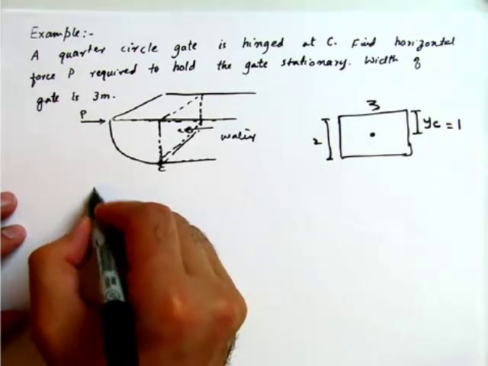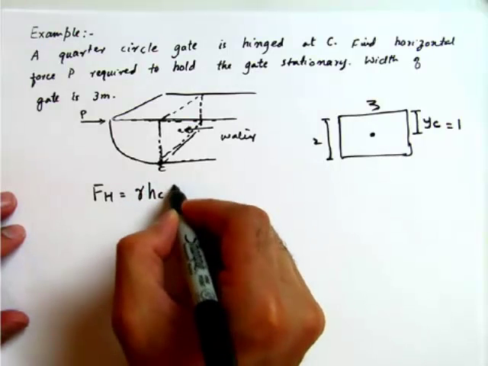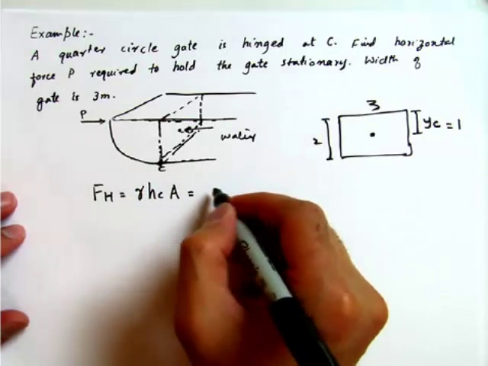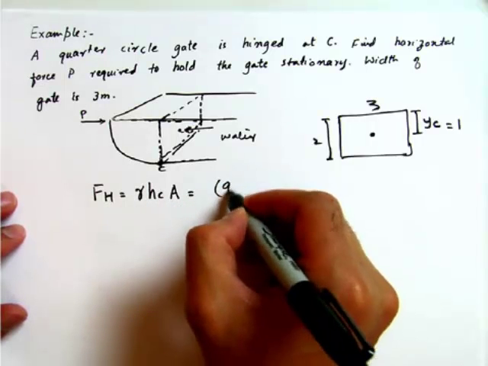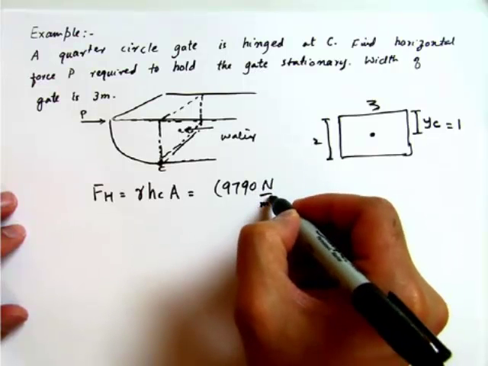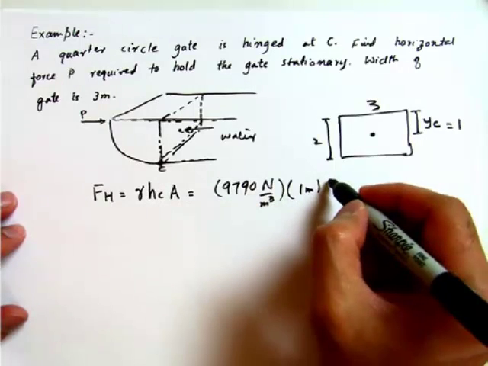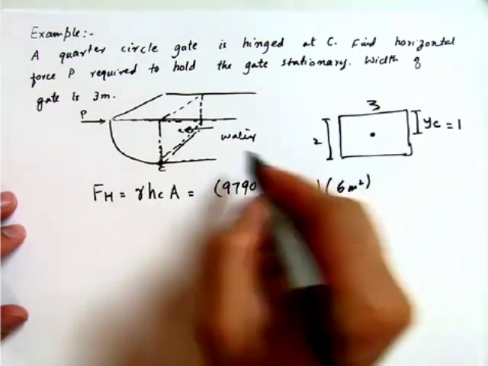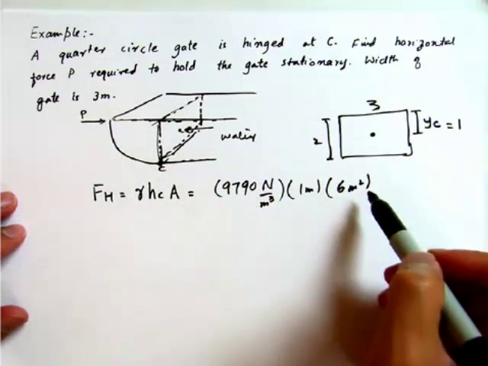So if I am looking at the horizontal force, the horizontal force is simply gamma at c times A, which equals, so gamma in this case, I am taking that to be 9790 newtons per meter cubed, times 1 meter, which is hc, times the 6 meter squared, which is the cross-sectional area of that fluid element.